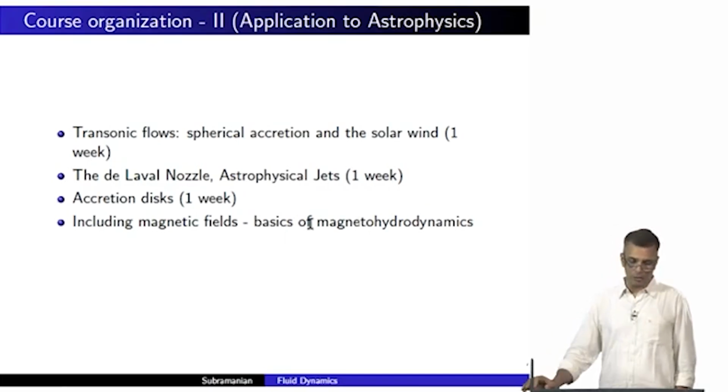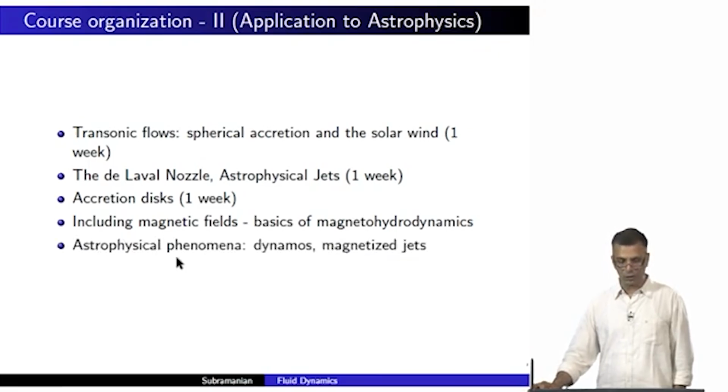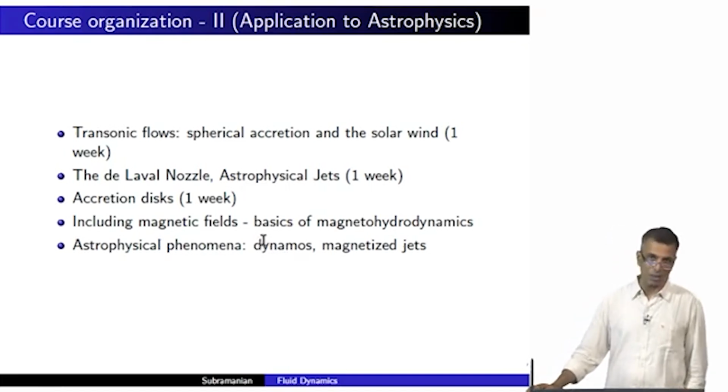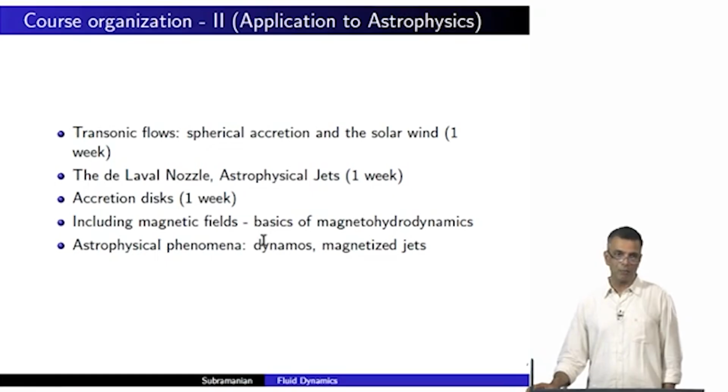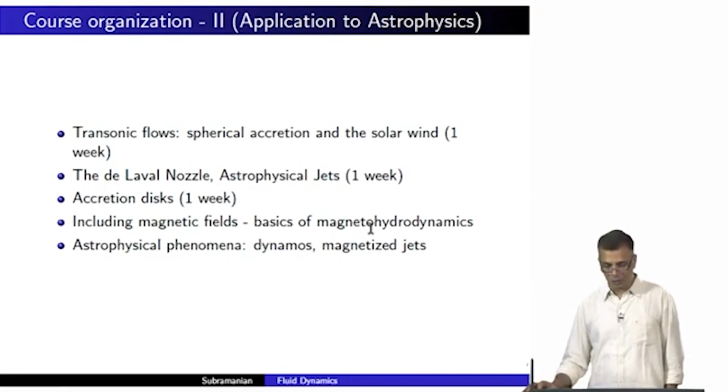So we will introduce the basics of magnetohydrodynamics as a prelude to applying it to astrophysical situations such as dynamos, which is, as you would have guessed from the name, the phenomena by which magnetic fields are generated in astrophysical bodies. And we will also consider magnetized jets.